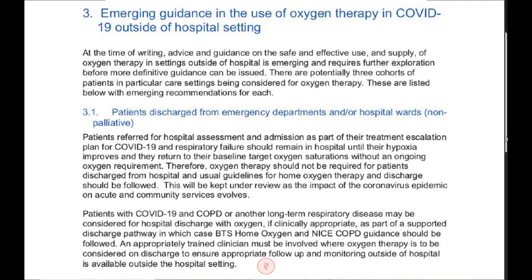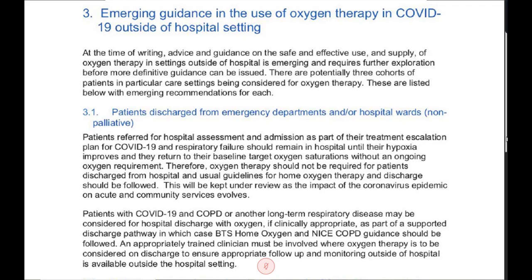But the mainstay of breathlessness alleviation is the guidance given through the palliative care guidelines, some of which are in this document a bit later on. So actually giving things like opiates, giving things like benzodiazepines, using the non-pharmacological treatments, managing anxiety, managing expectations, and all these things may be as effective as using oxygen therapy.